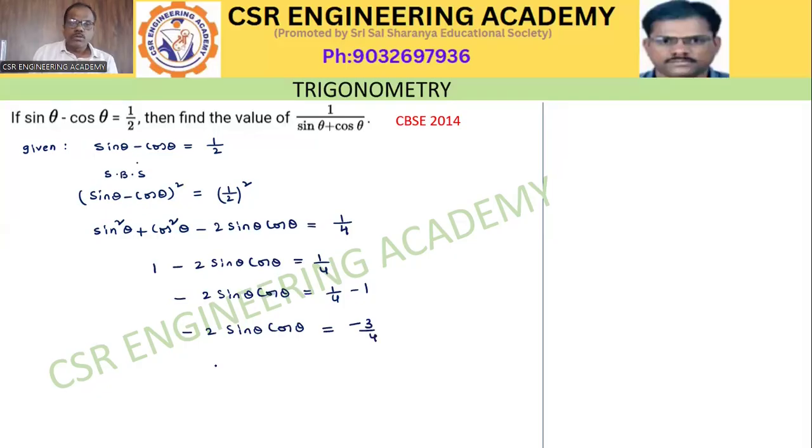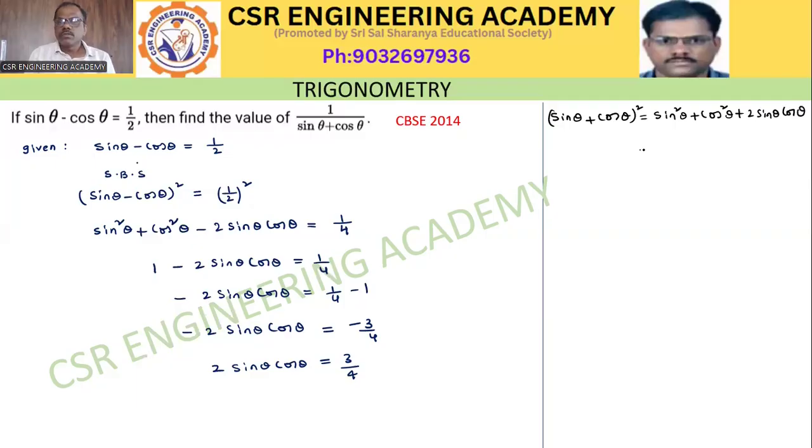2 sin theta into cos theta is equal to 3 by 4. (Sin theta plus cos theta) whole square is equal to sin square theta plus cos square theta plus 2 sin theta into cos theta, is equal to 1 plus 2 sin theta cos theta, is equal to 1 plus 3 by 4.